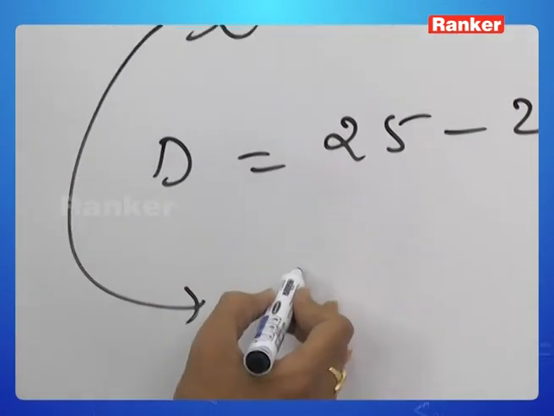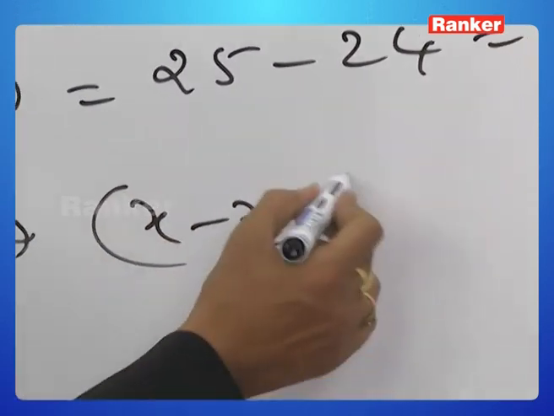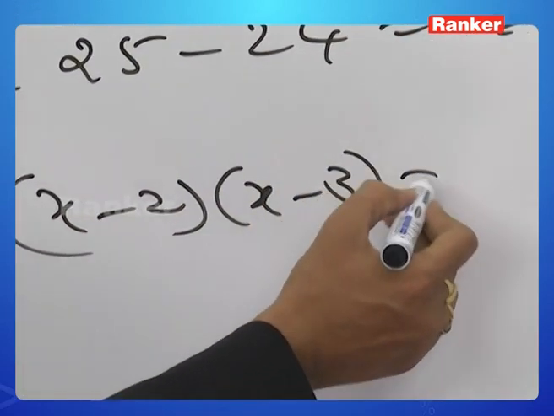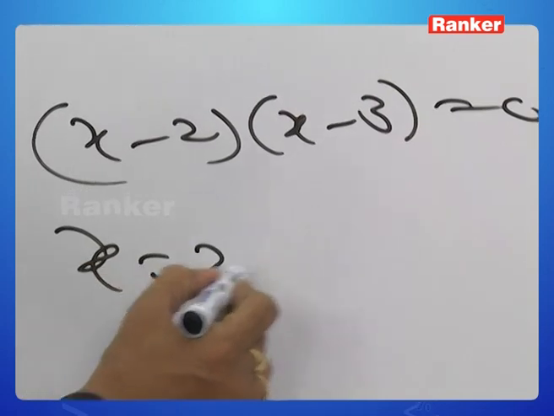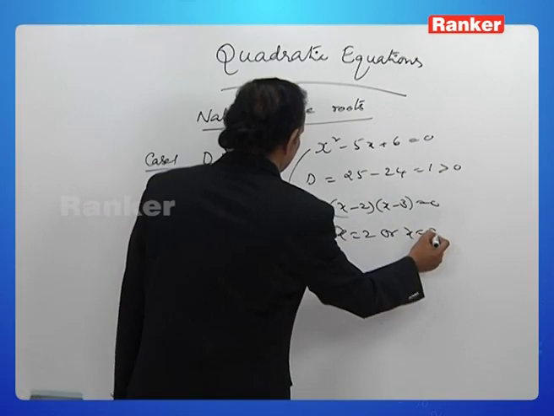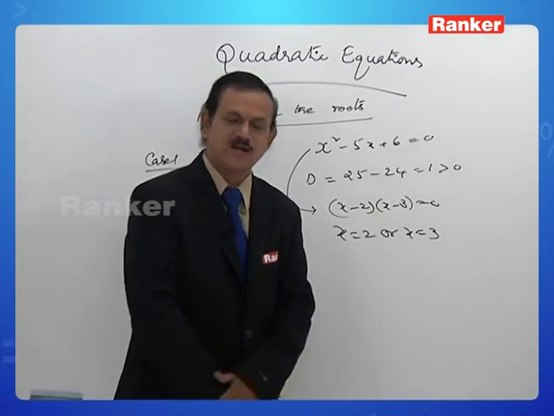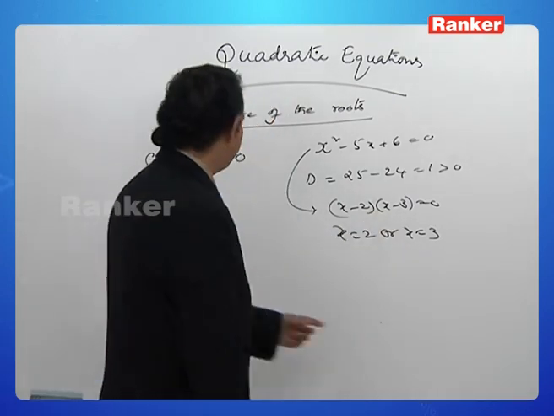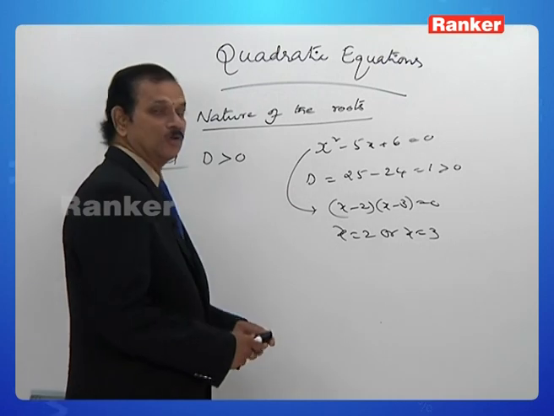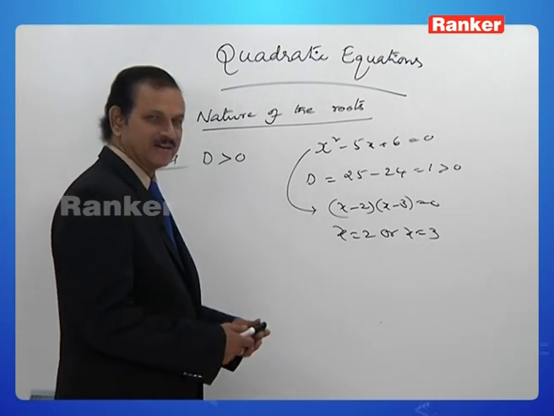You observe this equation. It is just nothing but x minus 2 into x minus 3 is equal to 0. That is, x is equal to 2 or x is equal to 3. What is happening to the roots? These are two real and different roots. So we can state that if D is greater than 0, roots are real and different.